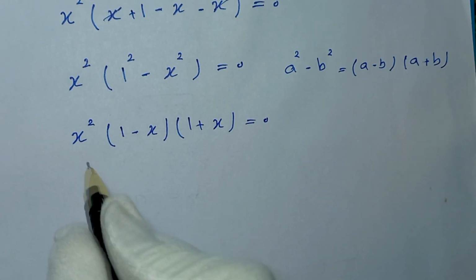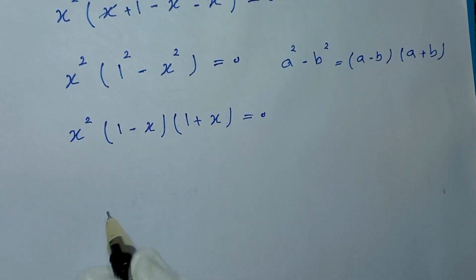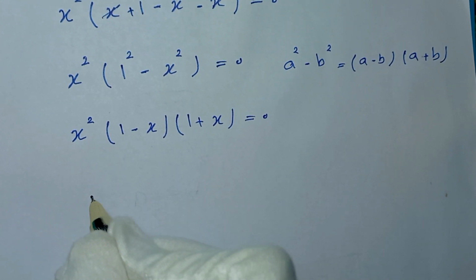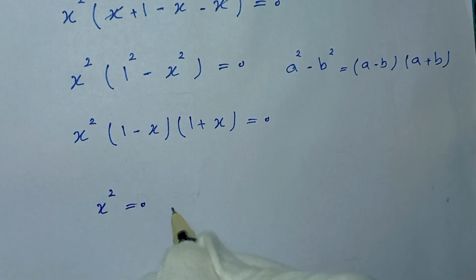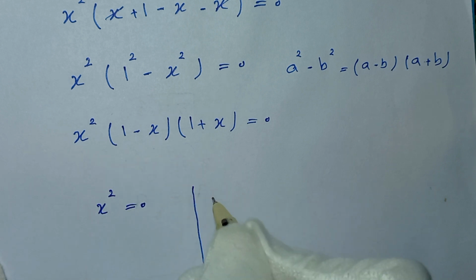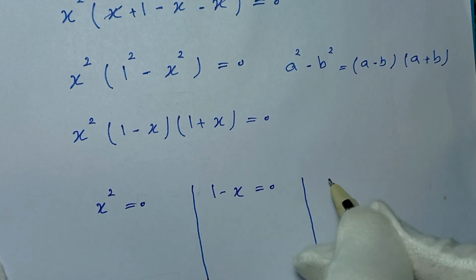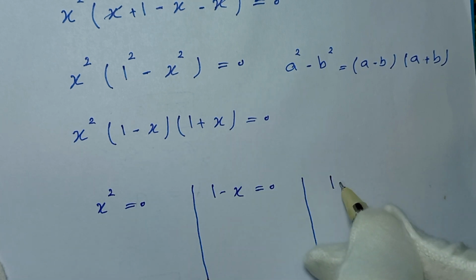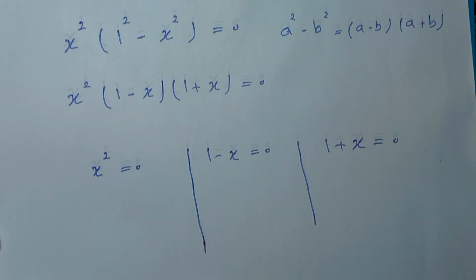And here we have 3 solutions for x. First is x squared is equal to 0, and this is 1 minus x is equal to 0, and this is 1 plus x is equal to 0.